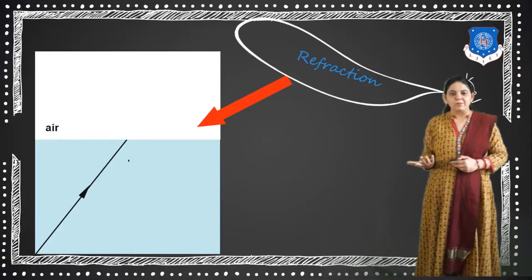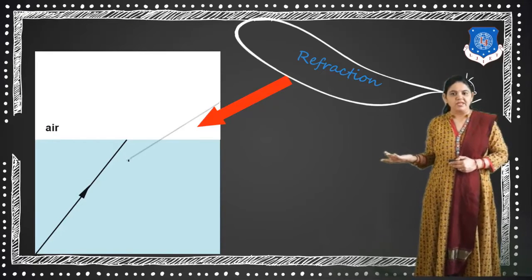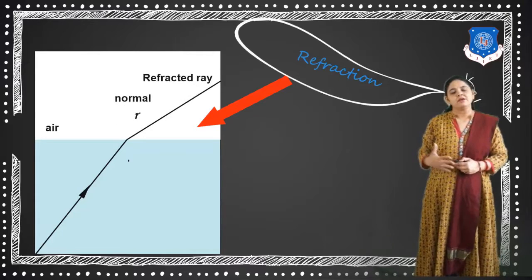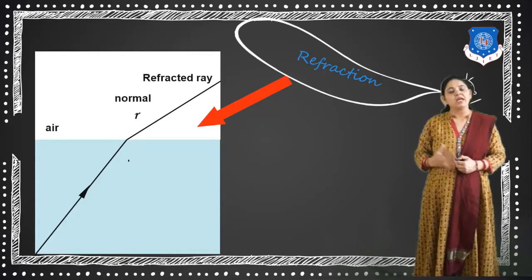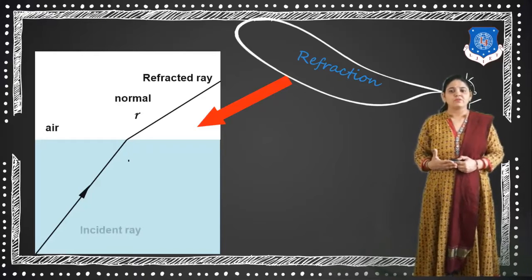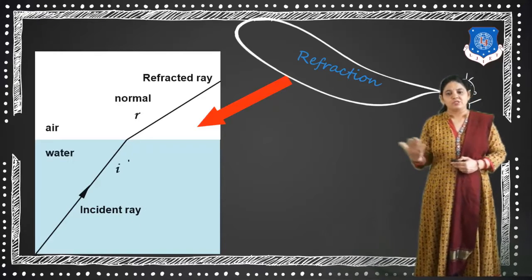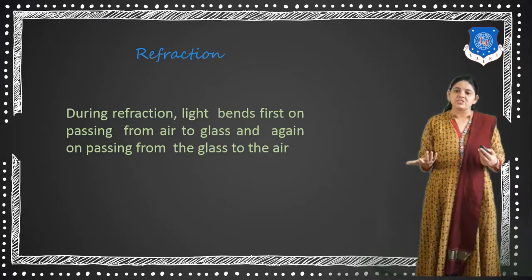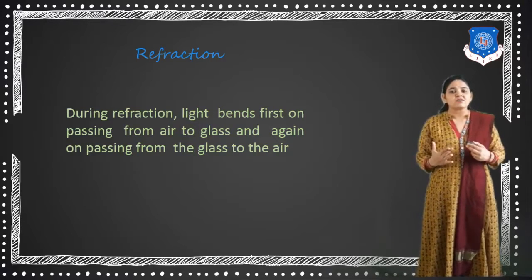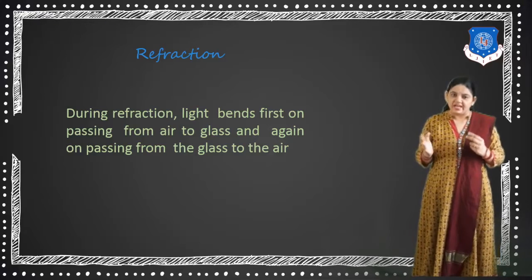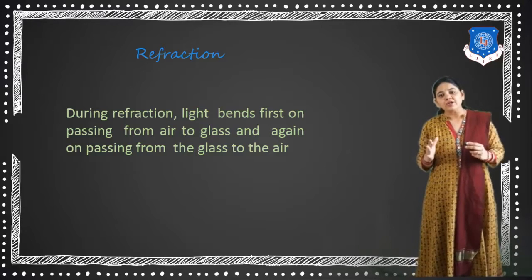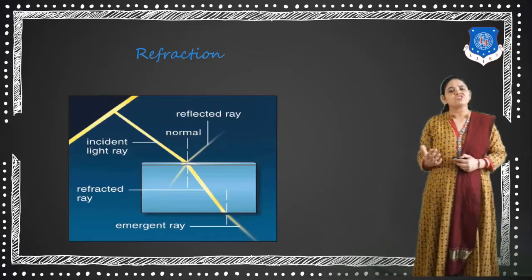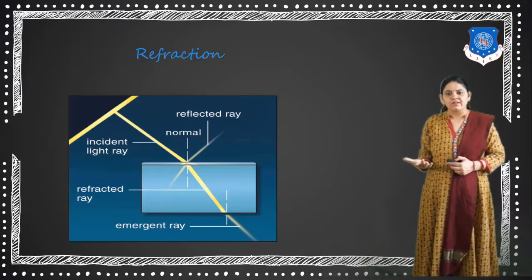When the light passes from the water medium to the air medium, the refracted ray goes away from the normal axis. So this is refraction. During refraction, the light bends first on passing from air to glass, and again on passing from glass to air. So when it changes the medium, what will happen?